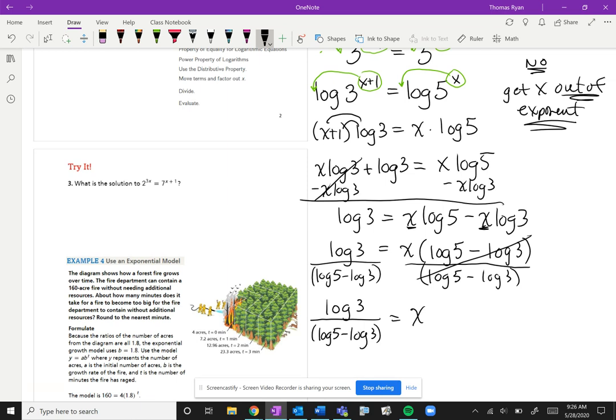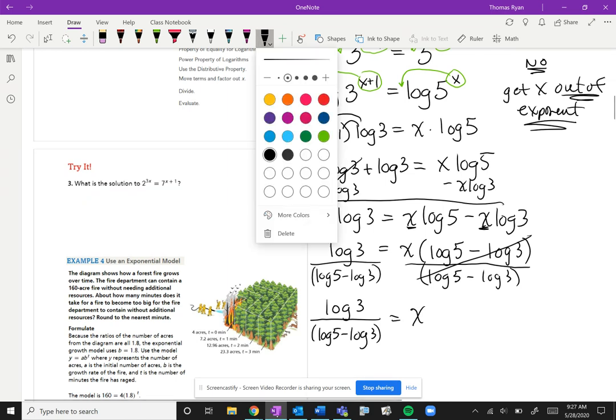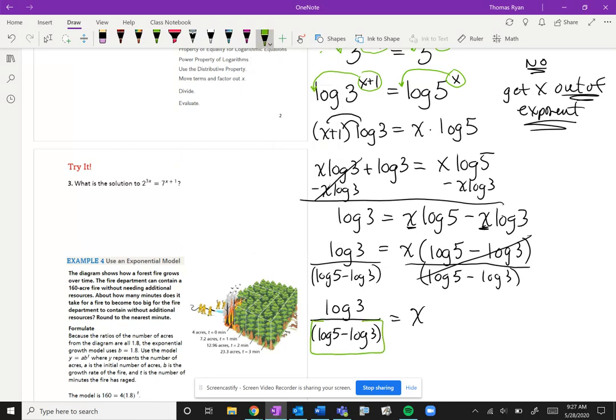Now, you can leave it like this, or since they're all common logs, we can actually divide. Personally, if you really want to get fancy and be exact, this is what I would do. In my calculator, I would do log 5 minus log 3 first, and I'm not going to round it, because I want to keep that answer.